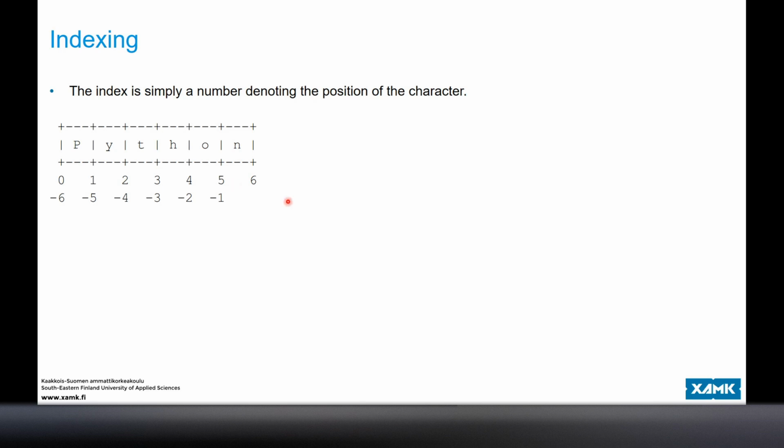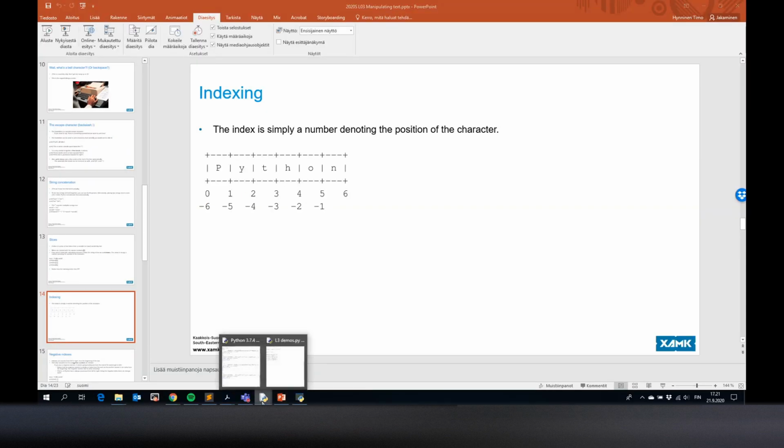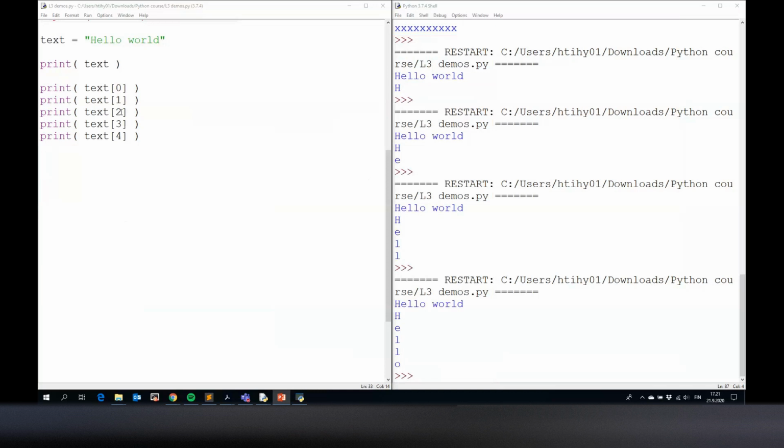Interestingly, you could also count backwards. If you were to do -1, it means the last letter. -2 means the second to last. -3 means the third to last. We can actually try this out by modifying our program code just now. So let's also print a few letters from the back. Let's do text[-1] and text[-2] and so on.